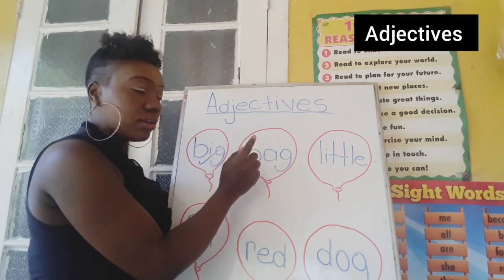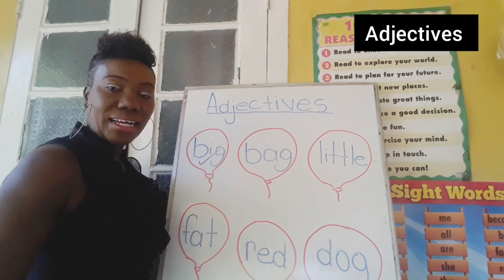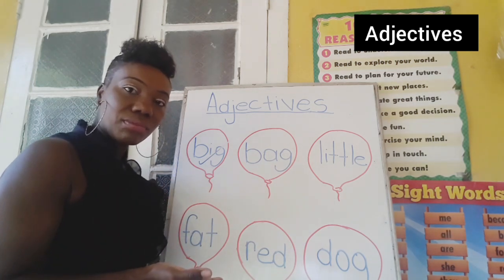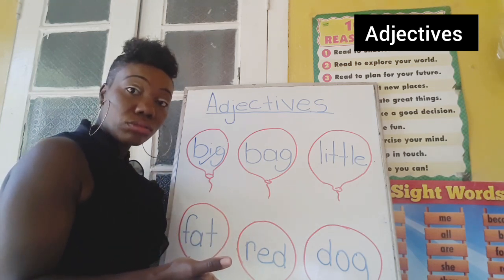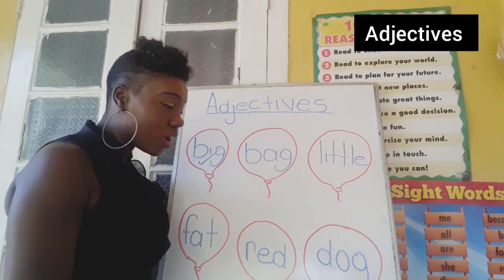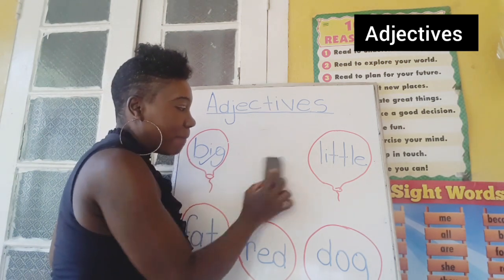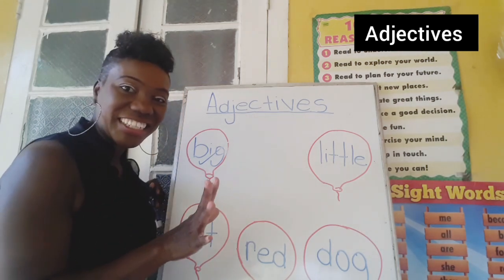Let's go to this word. B-A-G. Bag. Now, is bag an adjective? Does bag tell you how someone or something looks? No. So we're going to pop it. Pop, pop, pop. So pop that one. That's not an adjective.